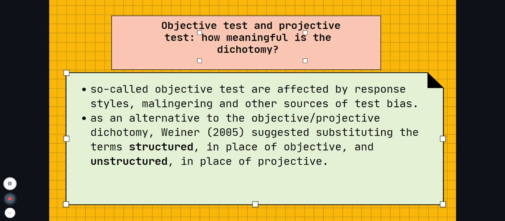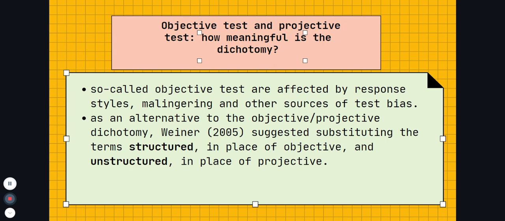So observers might conclude that one group of tests is indeed objective while the other group of tests must be subjective. So, as intuitively appealing as Weiner's recommendations are, old habits die hard, and the objective projective dichotomy remains very much with us today.